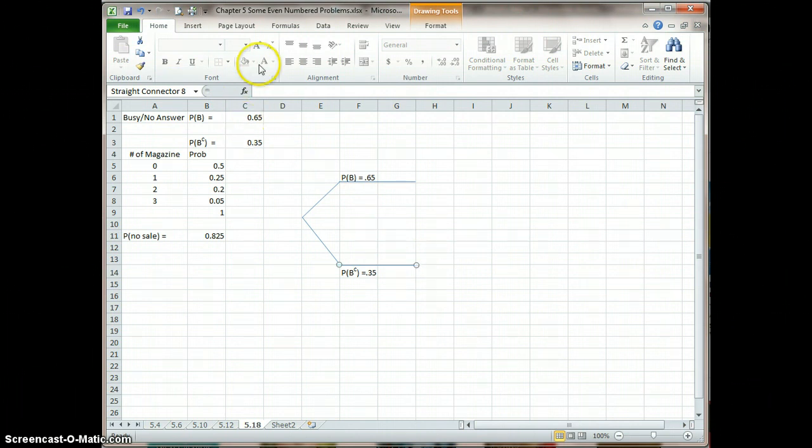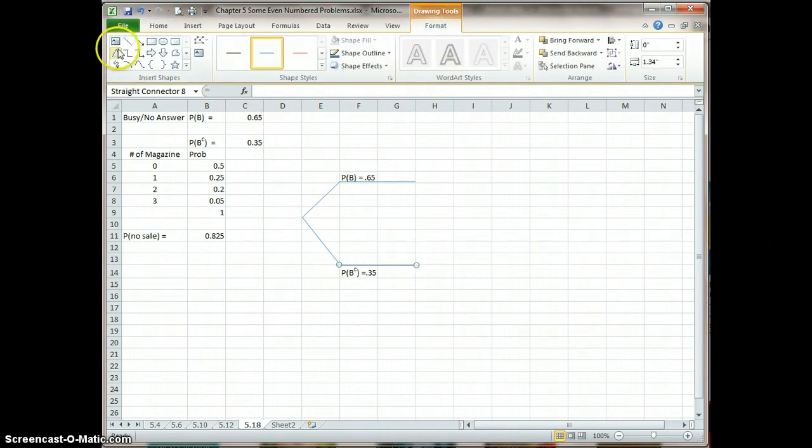And now we can go and continue on adding to the probability tree. In this case, I'm going to click on the Format tab, and I need to add 4 items to this tree then. So I'll go up quite a ways here for the first one. And then I'll add a second right there. Click on line again. Put a third right there.